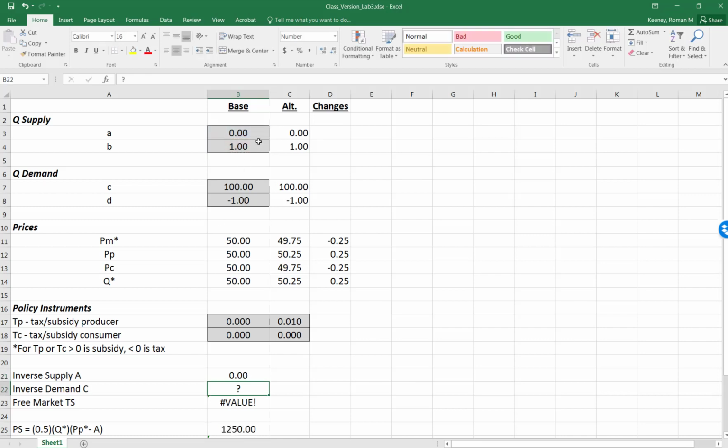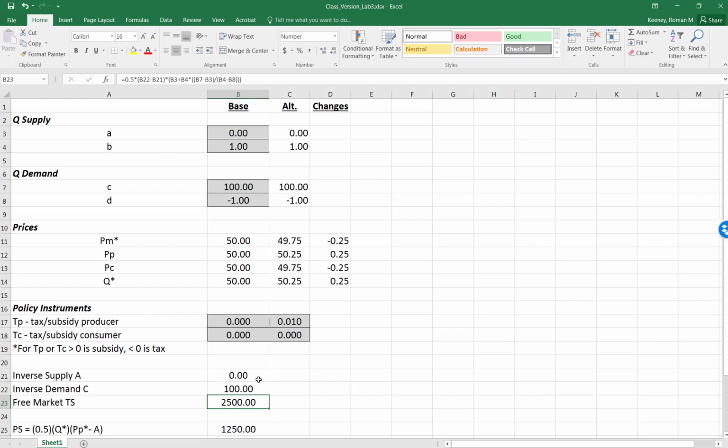Hit enter, and you see 0 stays at 0. Now we need the inverse demand, so we'll go with equals. We need a negative, so it's negative B7 divided by B8, and you'll see it's 100.